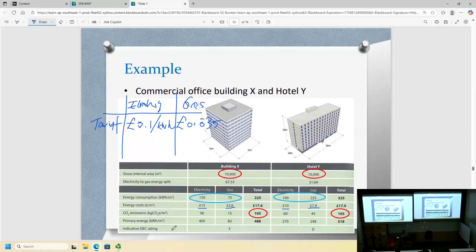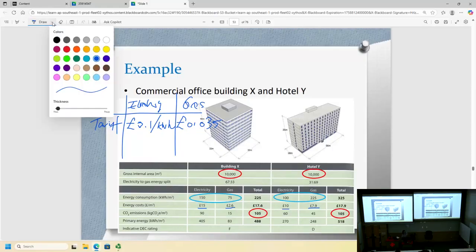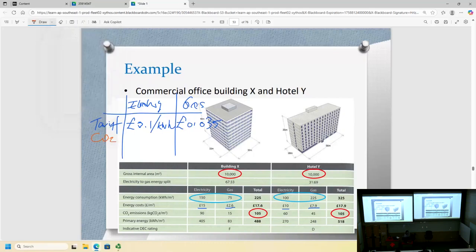And next is the carbon dioxide emissions. For the CO2, the emission rate for electricity is 0.6. This is the same emission rate that we used in the previous lecture, 0.6 kg of carbon dioxide equivalent per kilowatt hour.